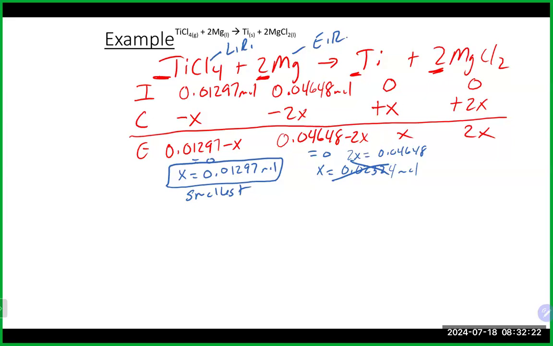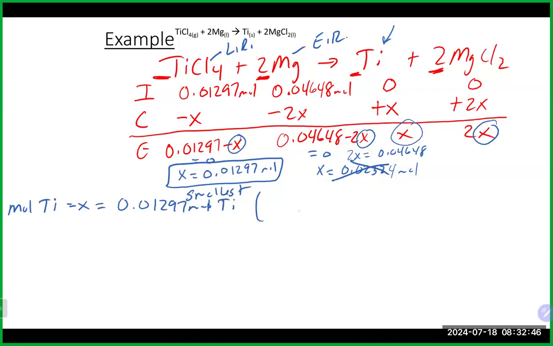All right, so the nice thing about this is that x is pretty much all the x's that we see here in the end line. And since we're actually looking for Ti in this case, we could see just from the table that the moles of Ti equals x, which means we have basically 0.01297 moles of Ti.